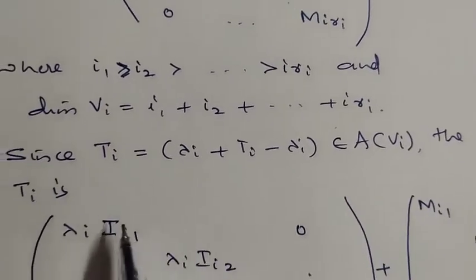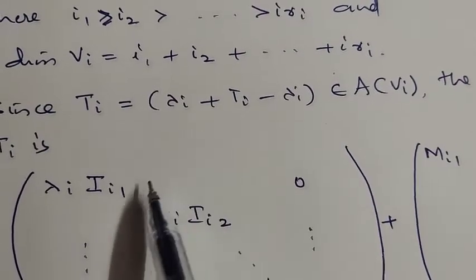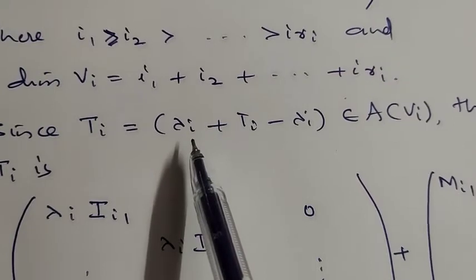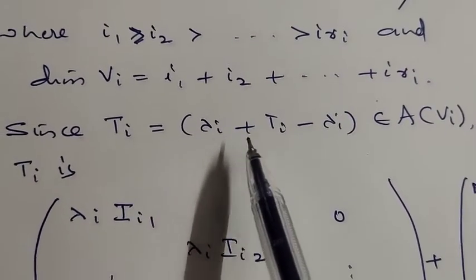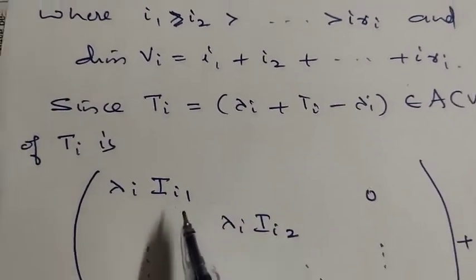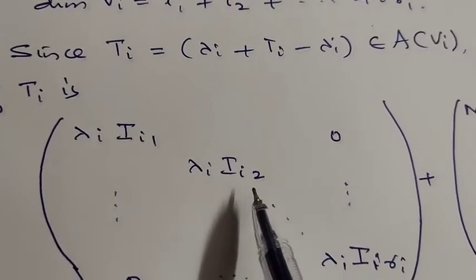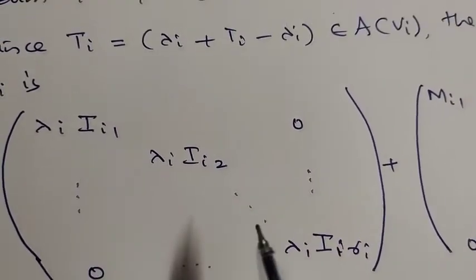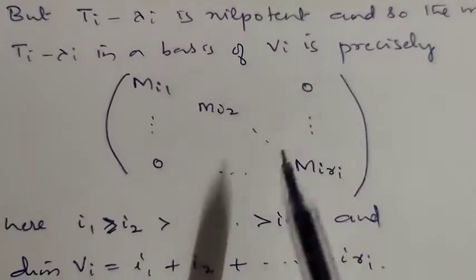Okay, the matrix of Ti can be written as, so you write the matrix of T. What is the matrix of T? First I will write the matrix of lambda I, because the matrix of Ti is matrix of lambda I plus matrix of Ti minus lambda I. Okay, so therefore matrix of lambda is lambda I into Ii1, lambda I into Ii2, etc., lambda I into Iiri. First I will write this, plus matrix of Ti minus lambda is this matrix.